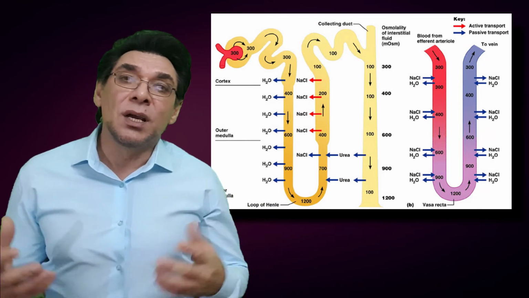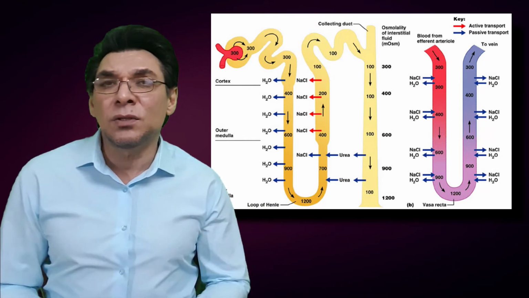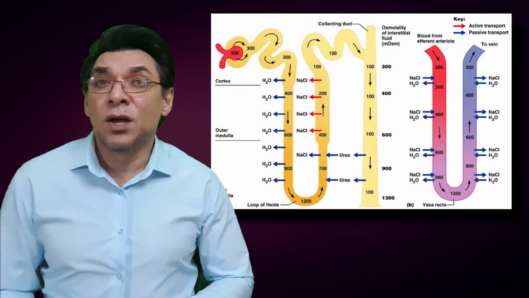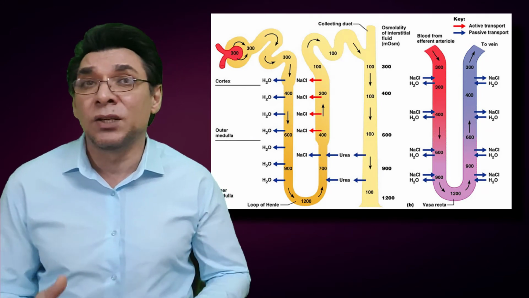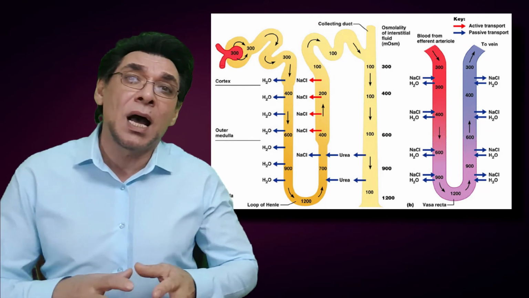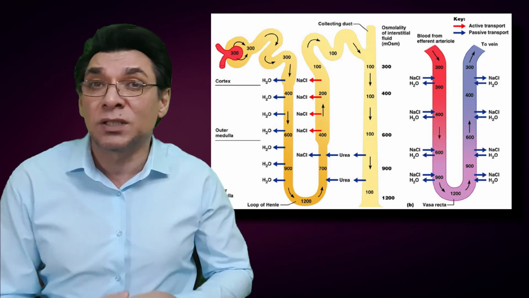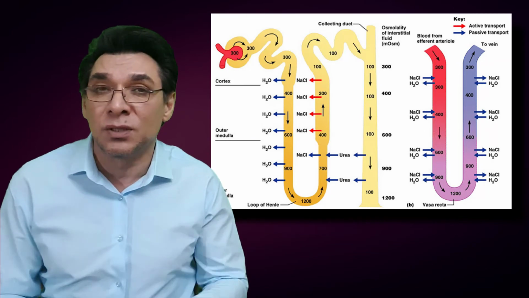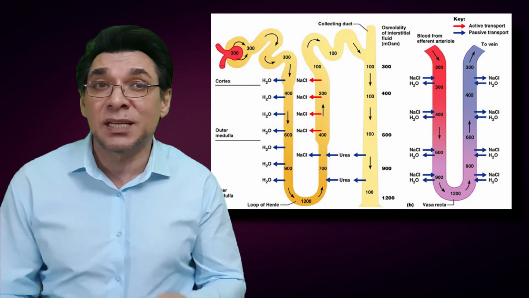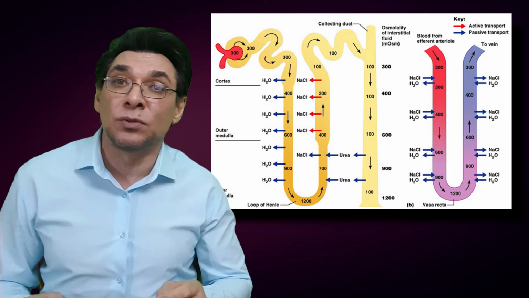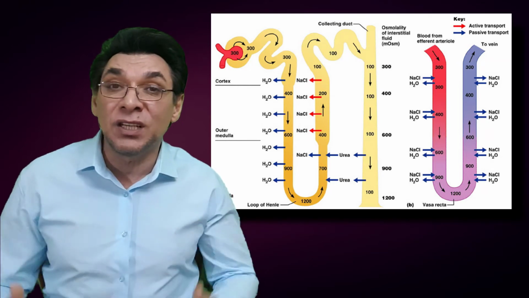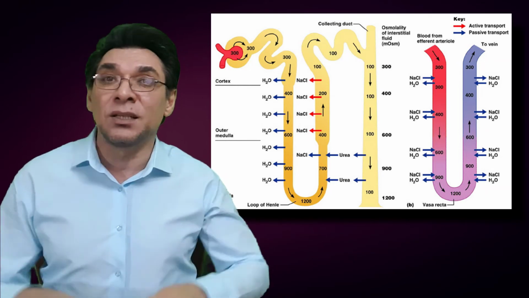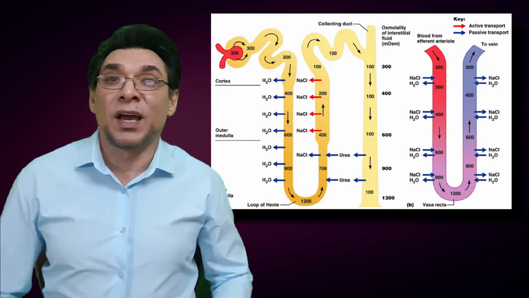In summary, most of the usable solutes that pass through the filtration membrane into the Bowman capsule are reabsorbed in the proximal convoluted tubule. Filtrate volume is reduced by 65% in the proximal convoluted tubule and by 15% in the descending limb of the loop of Henle.